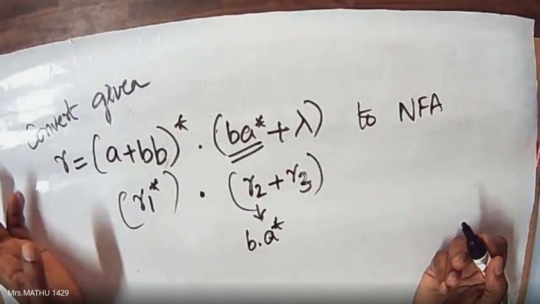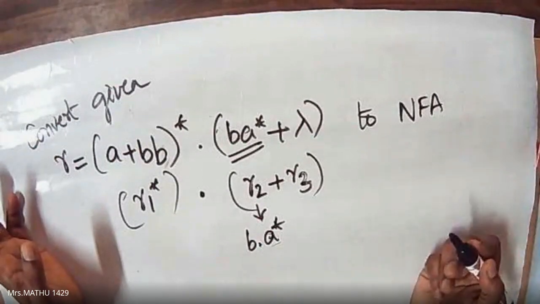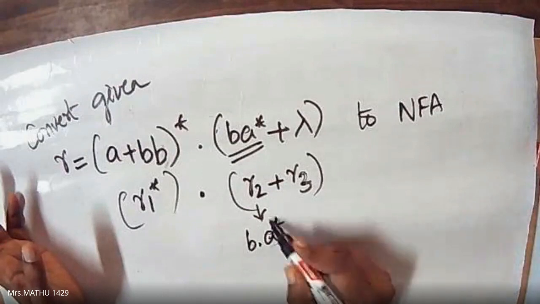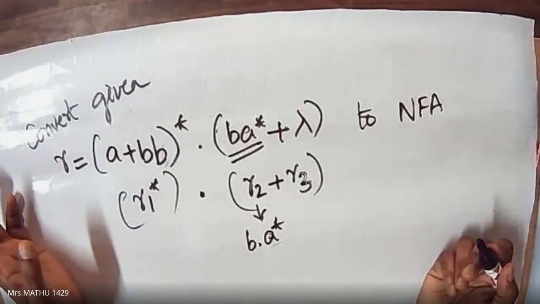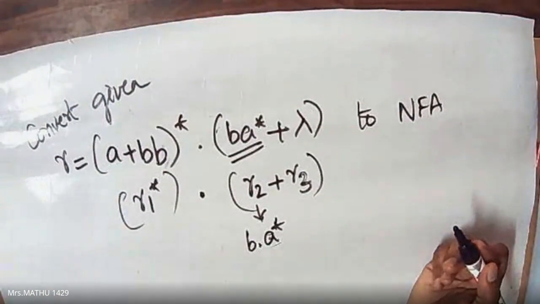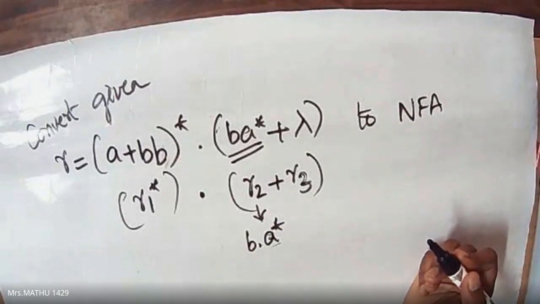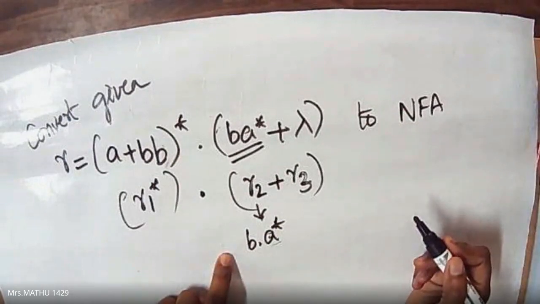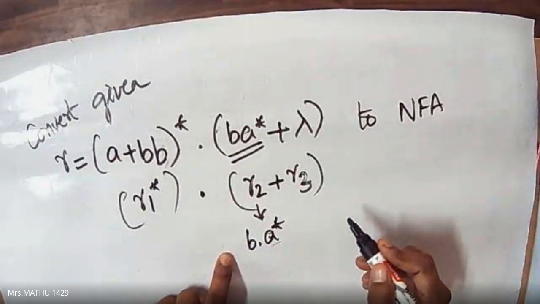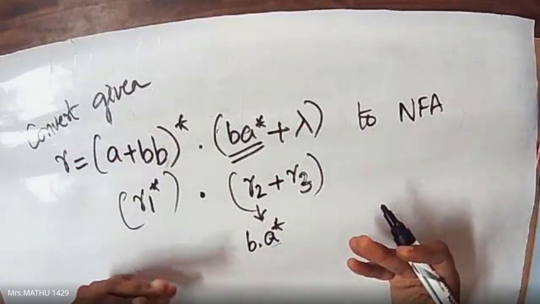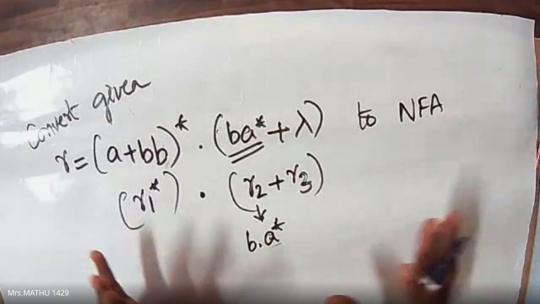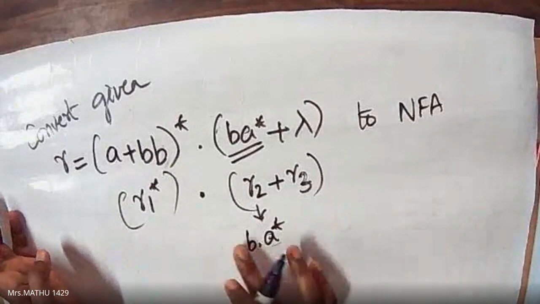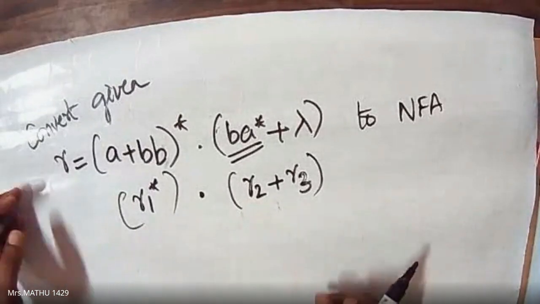This is again a concatenation, and this itself is a star operator. When you keep on practicing, it becomes easier. Now let us do it one by one.